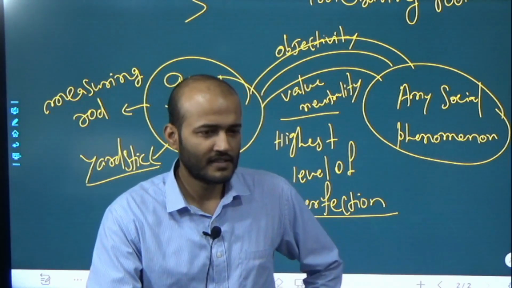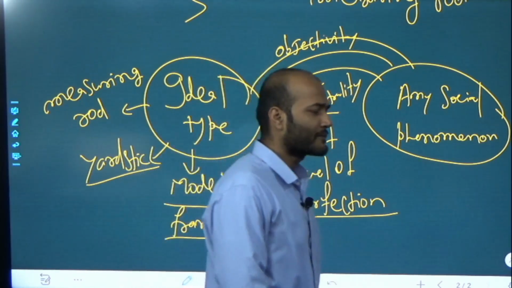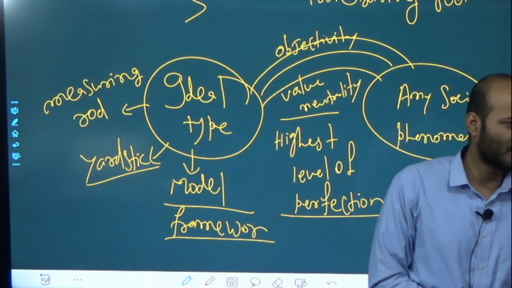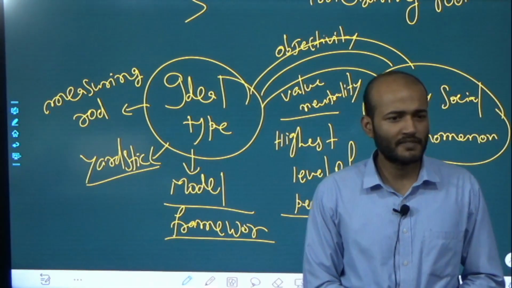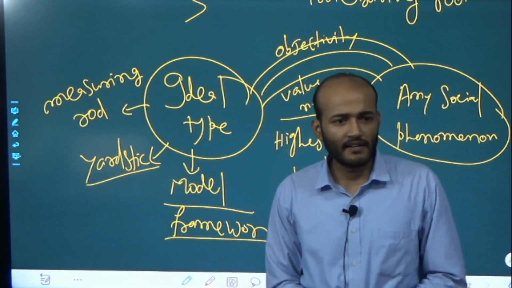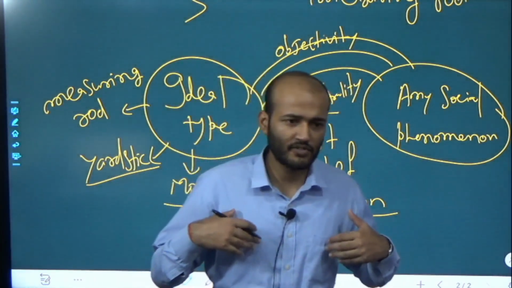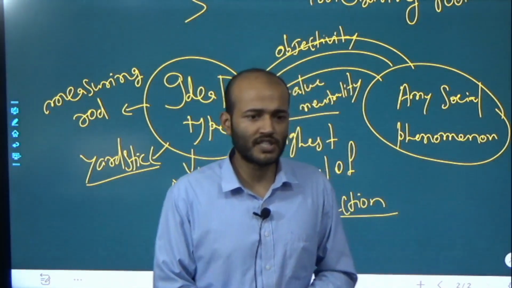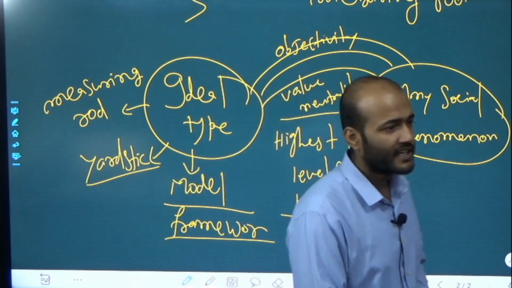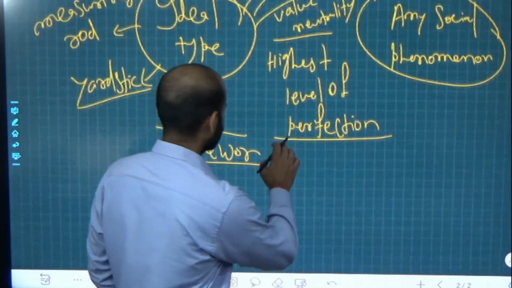Further, we discussed Max Weber's interpretive approach, the Verstehen approach, by direct observation and the empathetic liaison method, for understanding by imagining, putting oneself into the other's position, and we are able to understand the picture of the society. Now that is also an ideal type. The Verstehen approach is also a kind of ideal type.